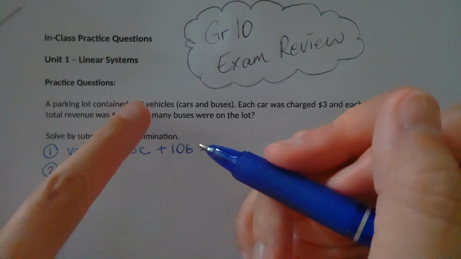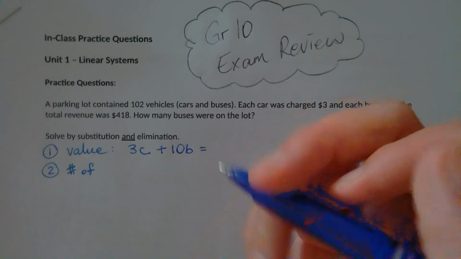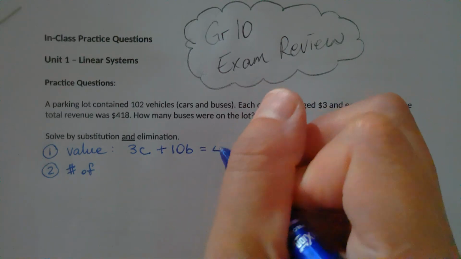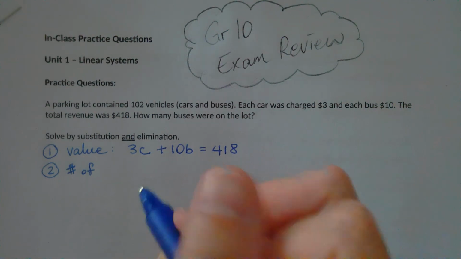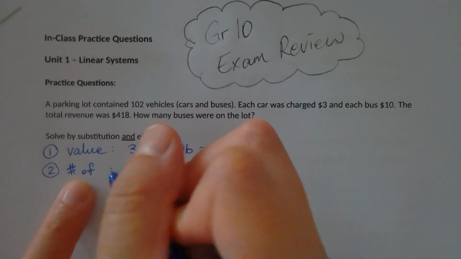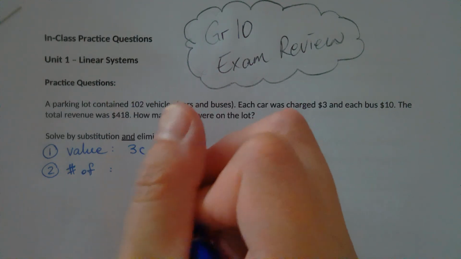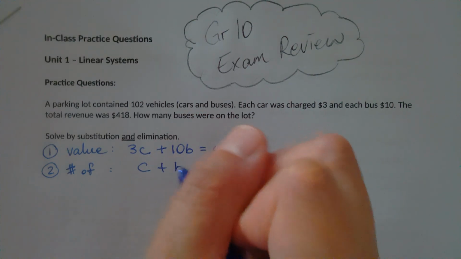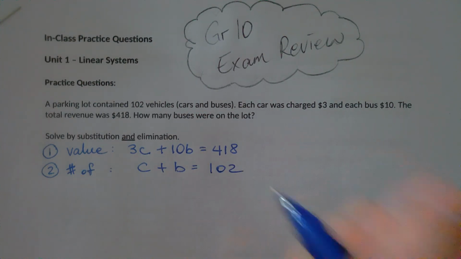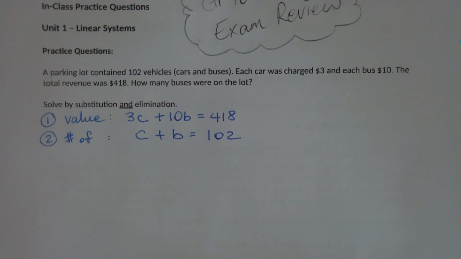So is the value 102 or 418? 418, $418. Okay. Second one deals with the number of. So the number of cars and buses altogether is 102. So C plus B equals 102. Okay, so there's your two equations.